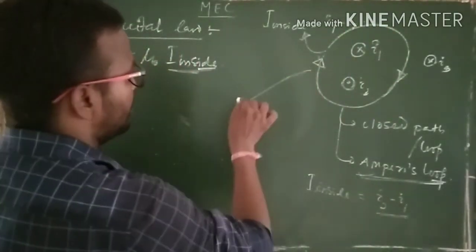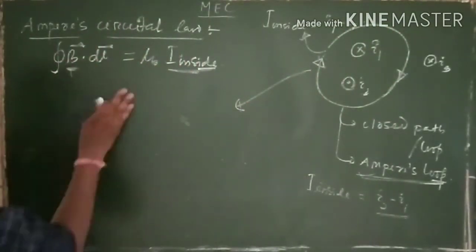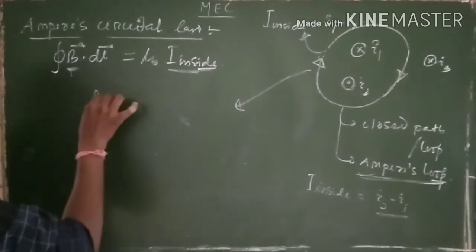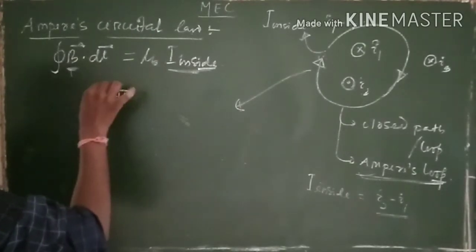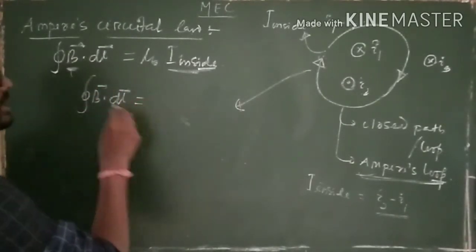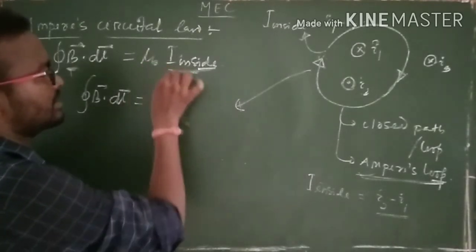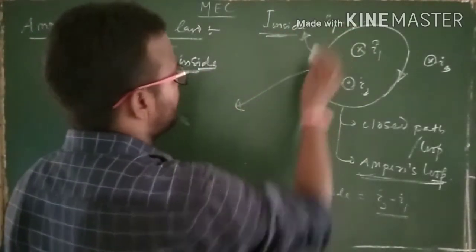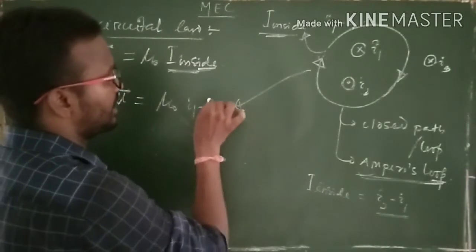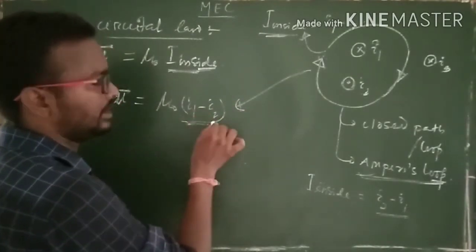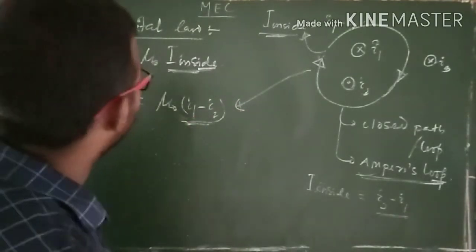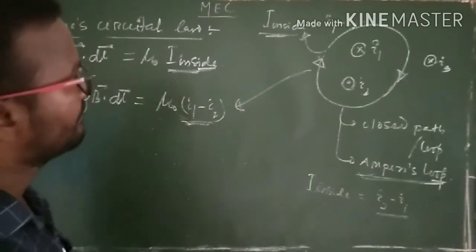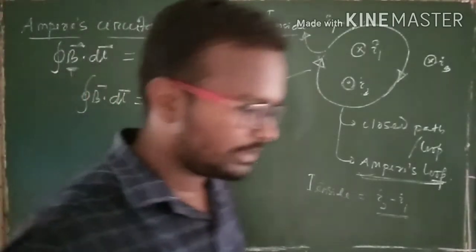Clear? So from this relation we can write the Ampere circuital law, that is the line integral of B dot dl, which is equal to mu naught times I inside. So I inside means I1 minus I2. Clear? So this is all about how to use the Ampere circuital law.